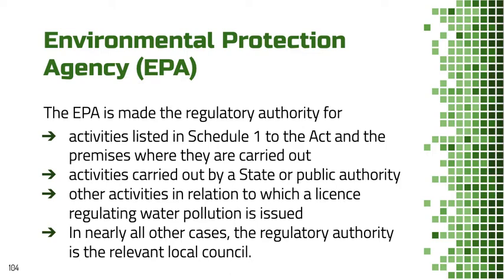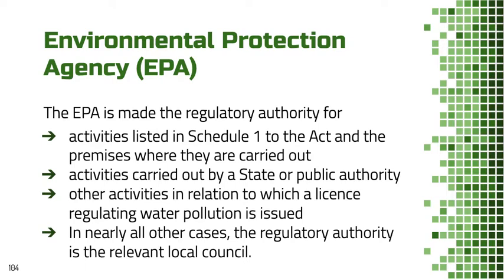If it's an activity that needs a licence, then it's covered under the EPA. For all things that are not covered in Schedule 1, so those major projects for the federal and state public-based projects, or for licensing related projects, all other ones, the regulatory authority is actually your local council.